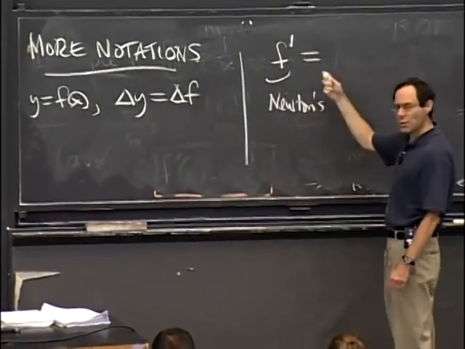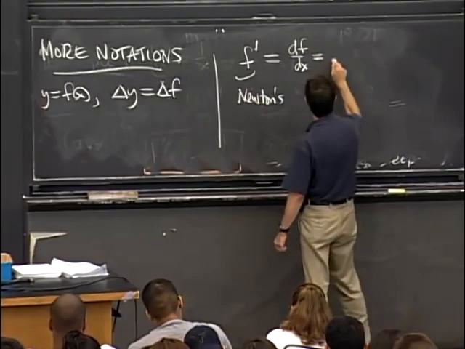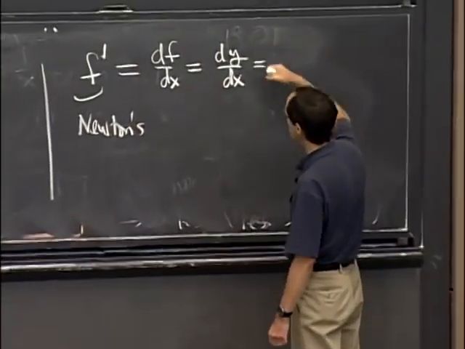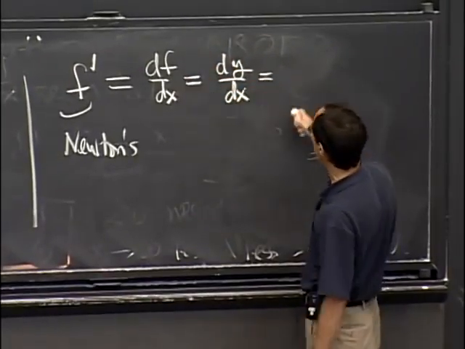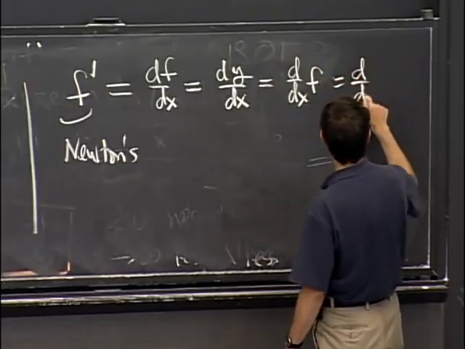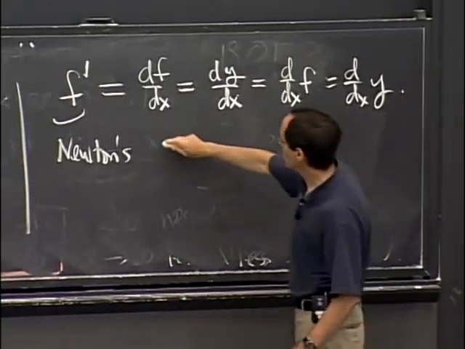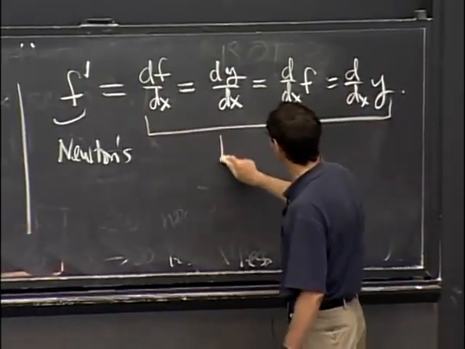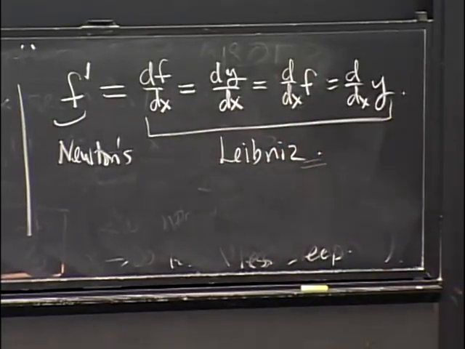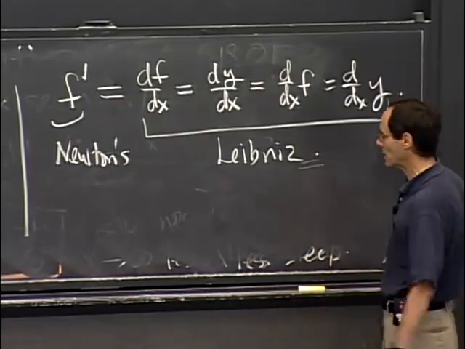Okay? But there are other notations, and one of them is df dx, and another one is dy dx, meaning exactly the same thing. And sometimes we let the function slip down below, so that becomes d by dx of f, or d by dx of y. So these are all notations that are used for the derivative, and these were initiated by Leibniz. And these notations are used interchangeably, sometimes practically together.